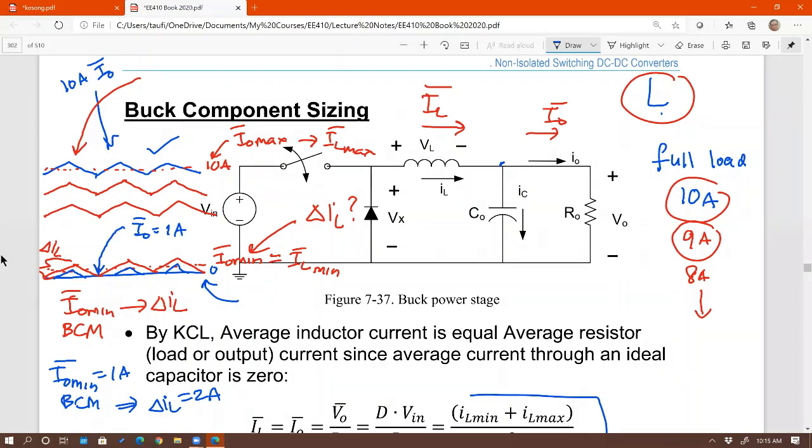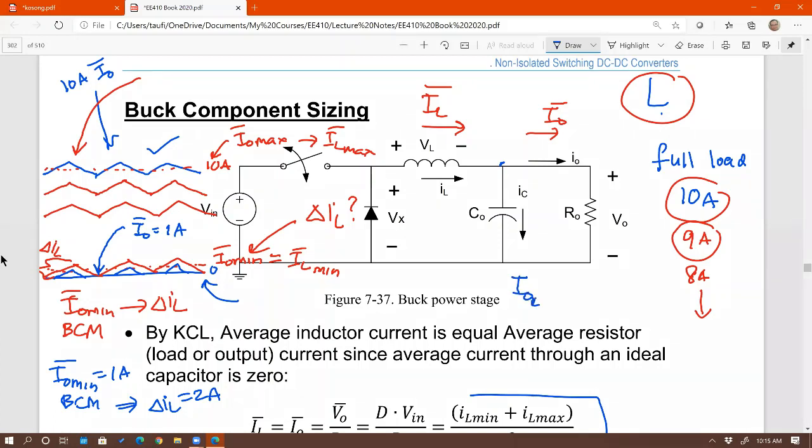Okay. Now what if I change it from 1 amp? I changed my mind. I want a buck converter that would maintain continuous conduction mode down to 2 amps. That means an average current of 2 amps. What does that mean in terms of delta IL? 4 amps, right?